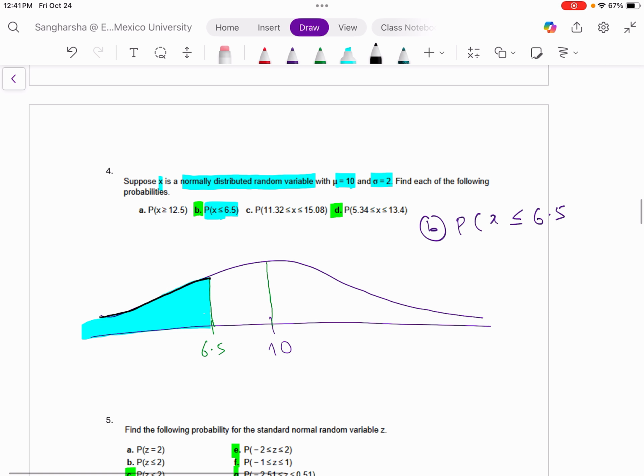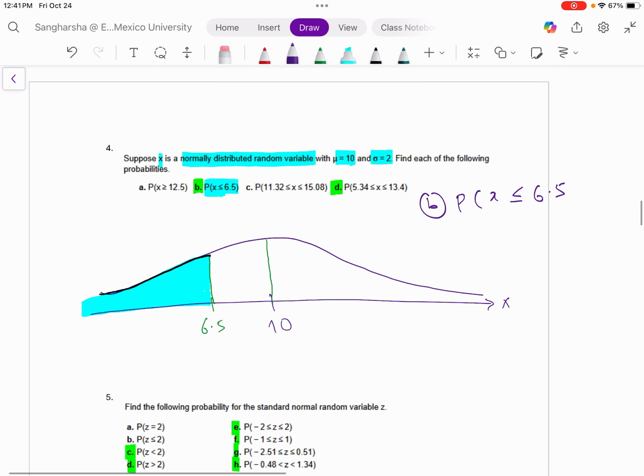Now since this is a normally distributed random variable, we use a normal table. To use the normal table, we need a z. But we are given x, so this is our x. So let's convert each of these numbers into z. The formula to convert into z is x minus mu divided by sigma.